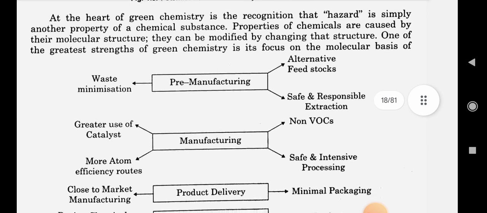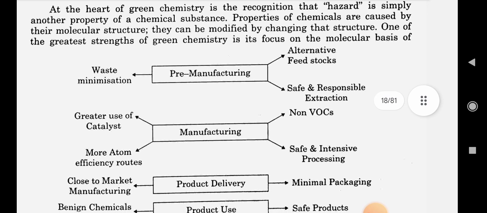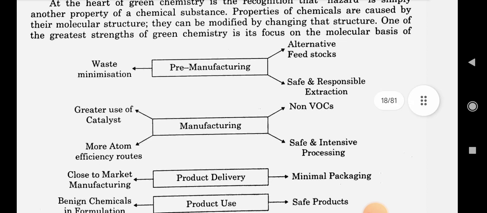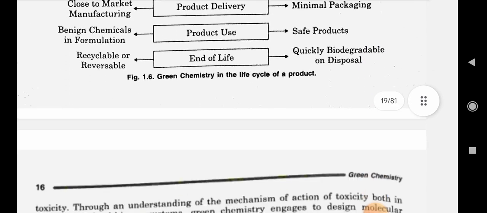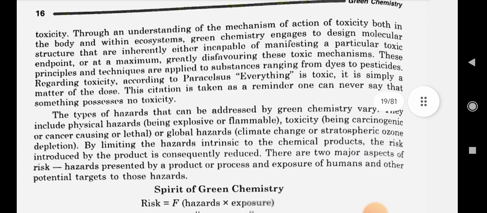At the heart of green chemistry is the recognition that hazard is simply another property of a chemical substance. Properties of chemicals are caused by their molecular structures. They can be modified by changing that structure. One of the greatest strengths of green chemistry is its focus on the molecular basis of toxicity.